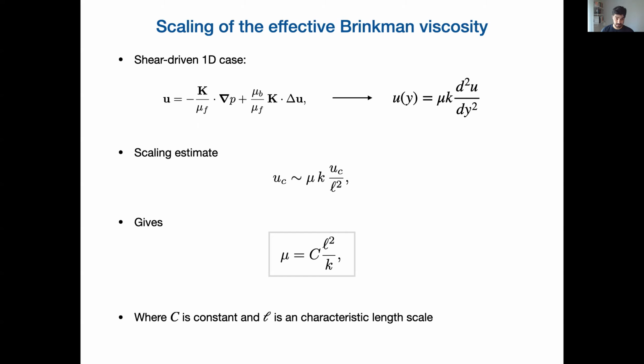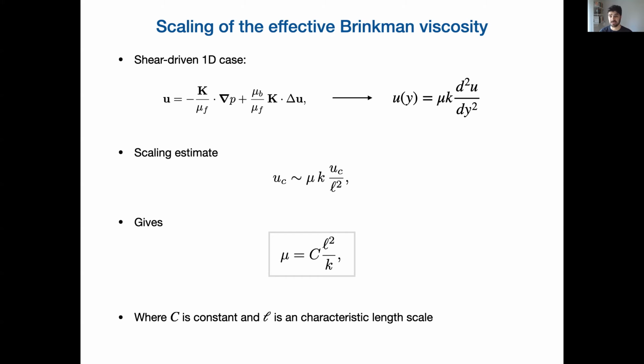Let's take a look at the Brinkman equation in its most general form there to the left. And we can simplify this by removing the pressure gradient. So imagine that you have a shear-driven flow, for example, and the pressure difference is 0 in the streamwise direction. What you end up with in one dimension is the expression to the right.